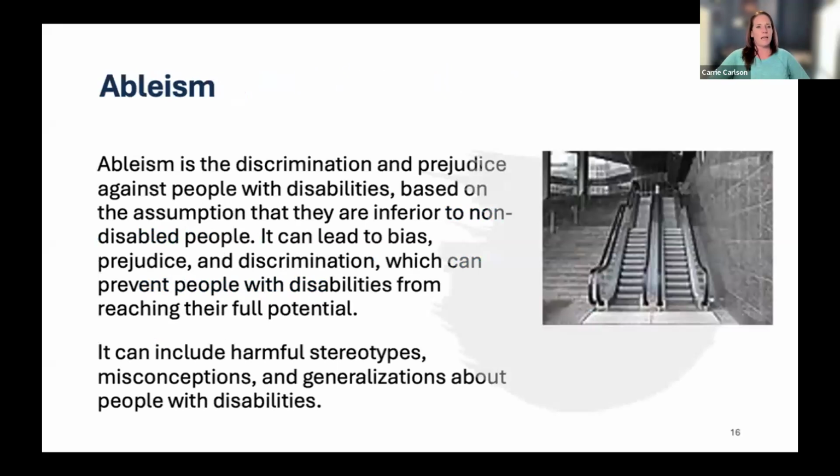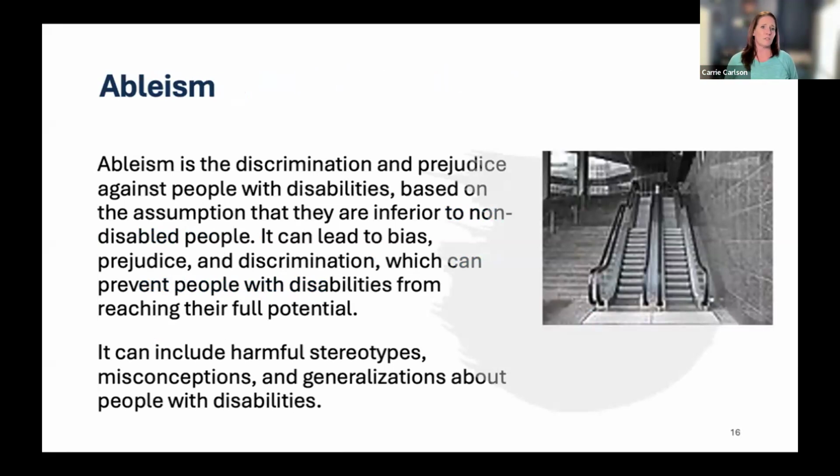And I'm going to go into ableism. A lot of these topics that we're covering today, we have whole presentations on them with regard to ableism. On the right-hand side of the screen is an image of a huge set of stairs or escalator, representing ableism.